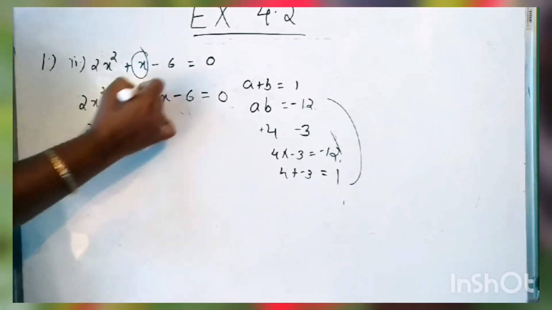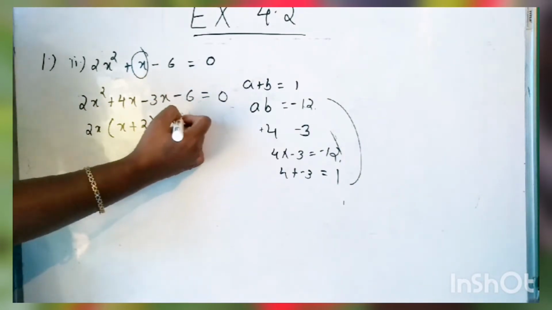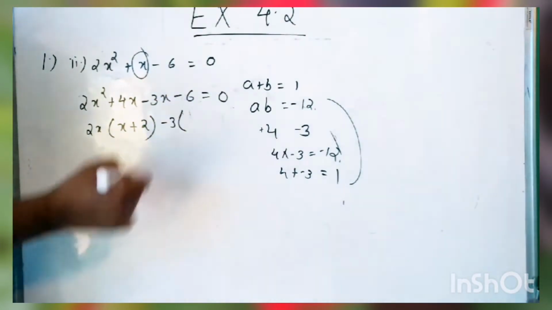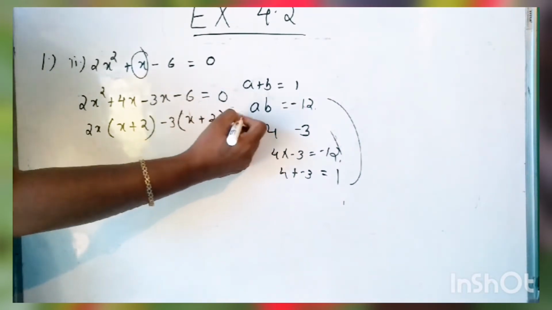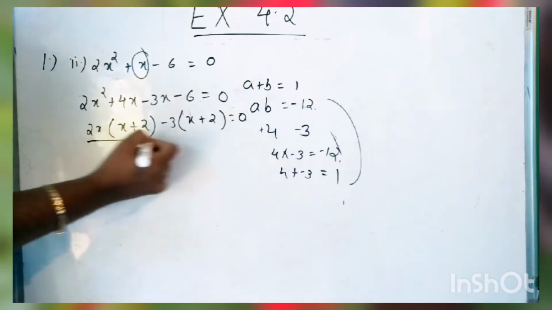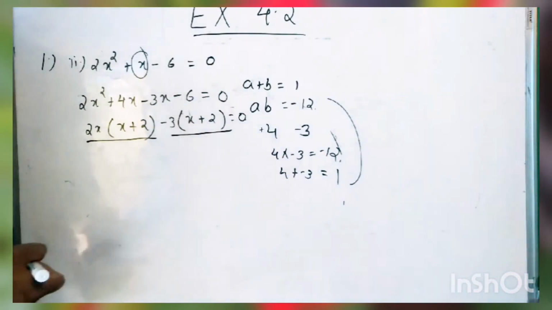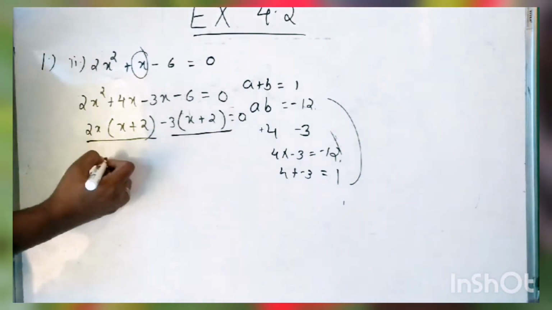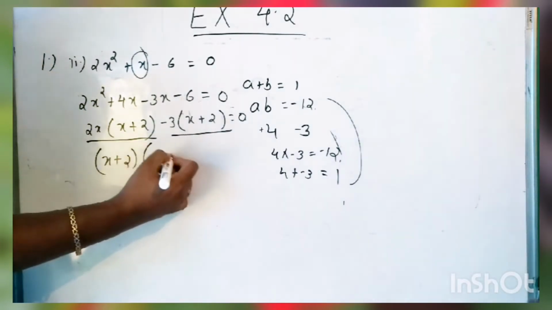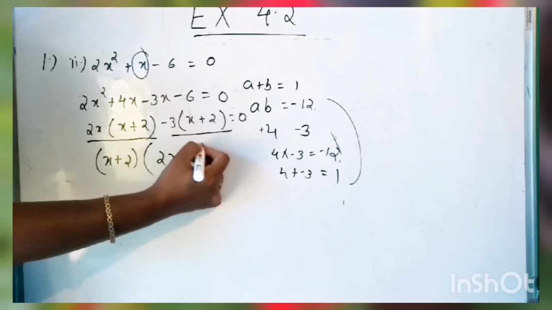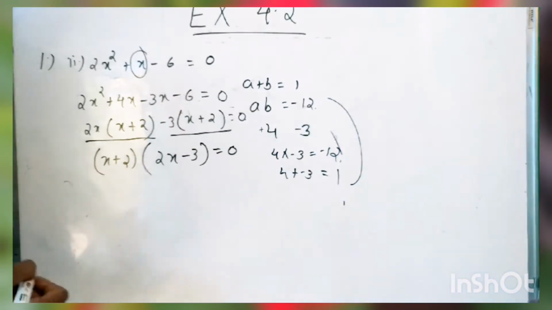And from the last two terms take minus 3 outside: then in the first term x will remain, and in the second term plus 2 will remain, is equal to 0. Now we can see x plus 2 is common. So take it outside, and the first term 2x will be there, and the second term minus 3 will be there. This is equal to 0.